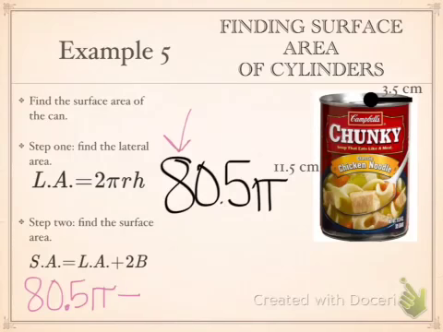And that is plus 2 times the base. And remember, I kind of started explaining this yesterday, this B, this capital B. It represents the area of the base, but depending on your base, it could be completely different from another prism.